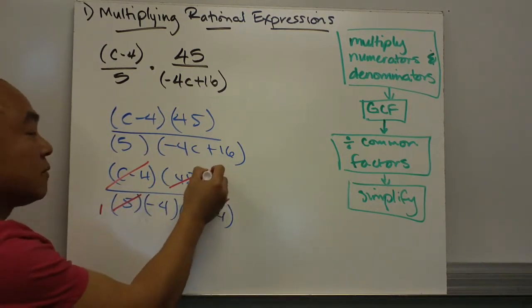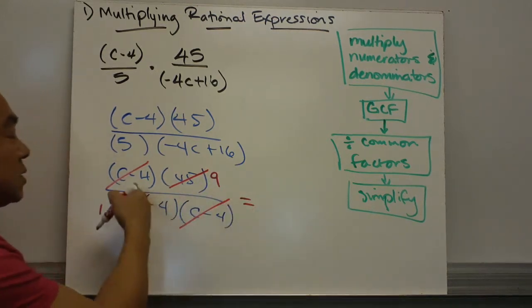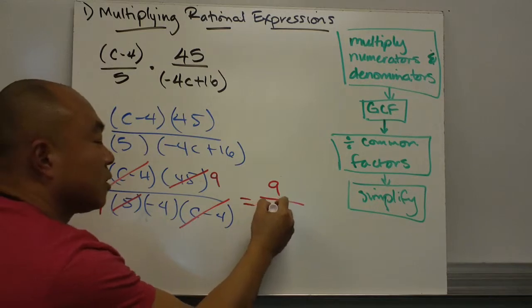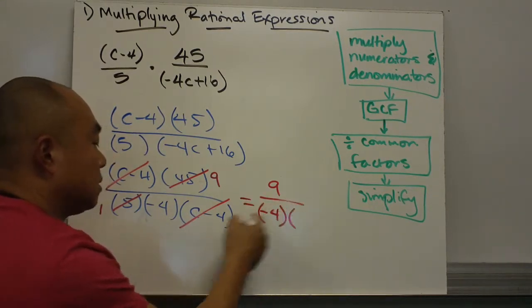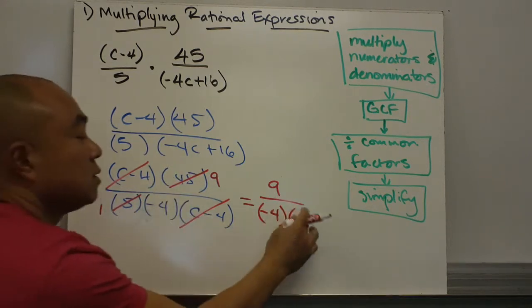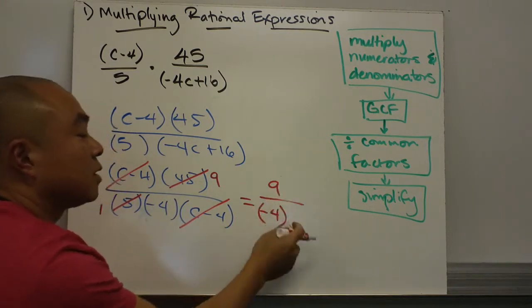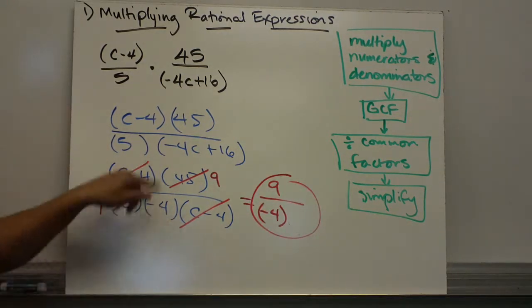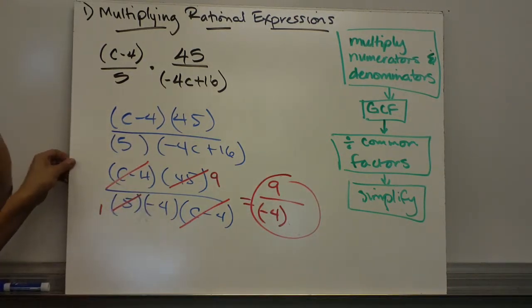That's 1, and that's going to give me 9. So my answer to this is going to be 9 on the top. Then I have negative 4. Perfect. So my answer is going to be 9 over negative 4, since everything else is crossed off. Alright, let's go to the next part.